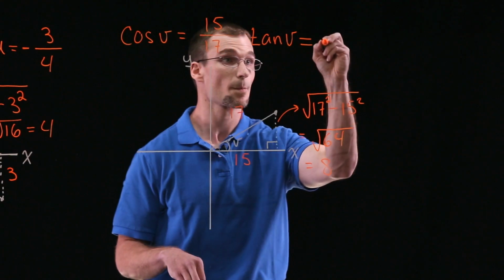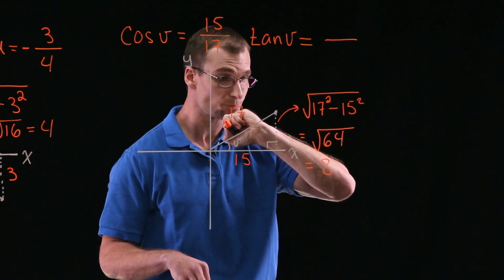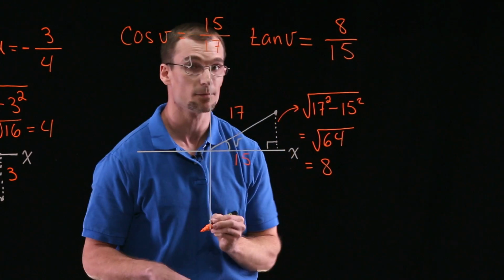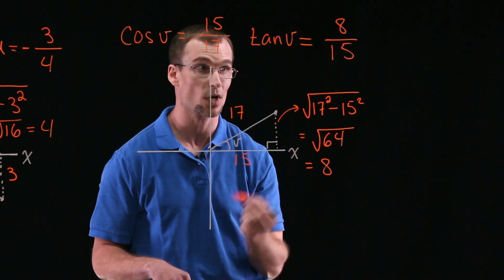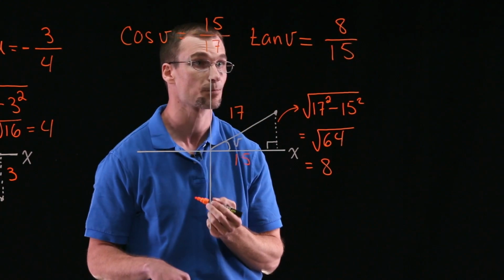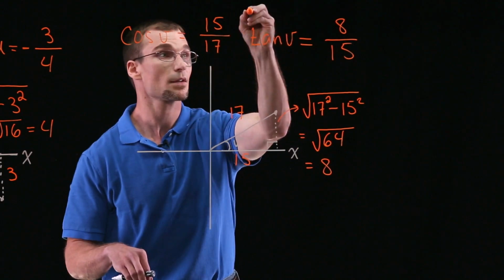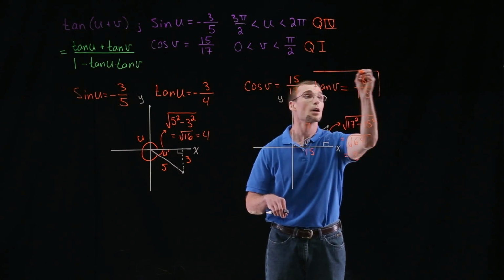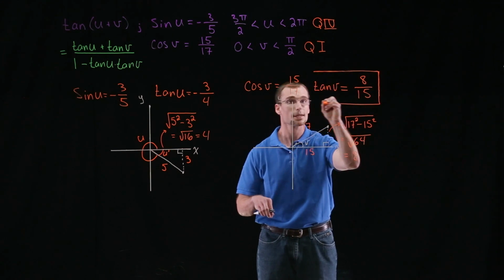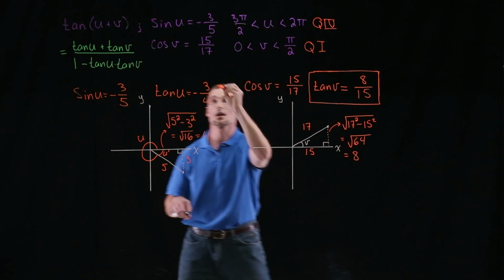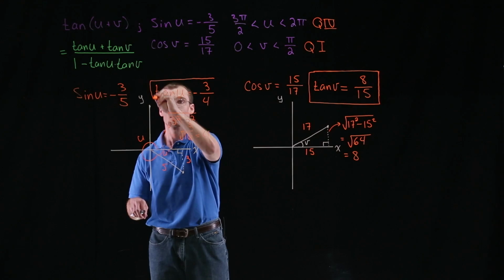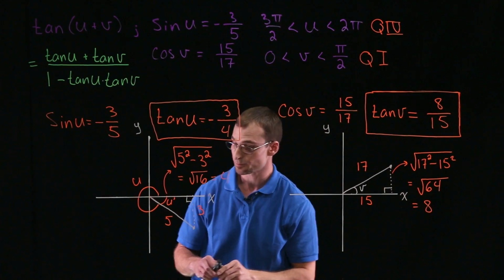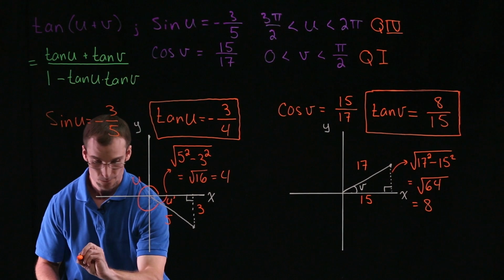So our tangent value is positive 8 over 15. And of course, tangent is positive in the first quadrant, so positive 8 over 15. Well, now that we have these, we can plug it into our sum formula and simplify. So these are our important values. Okay, so let's come down here.